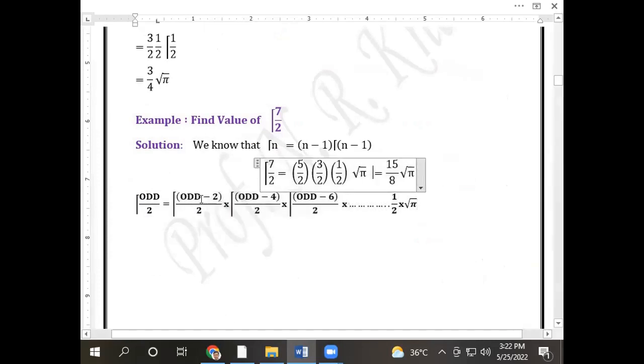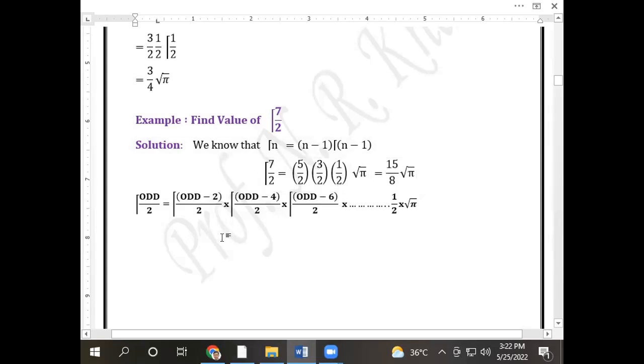So we get 7 minus 2 upon 2 is 5 by 2, 7 minus 4 upon 2 is 3 upon 2, and 7 minus 6 upon 2 is 1 by 2, into root pi. After simplification, 5 into 3 into 1 is 15, and 2 into 2 into 2 is equal to 8.